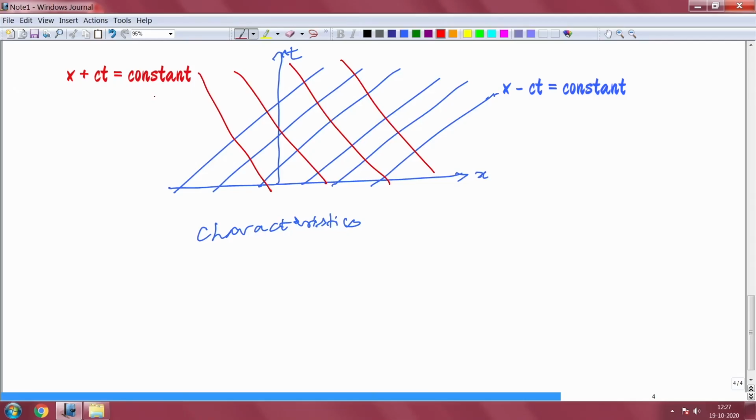The blue ones have slope, remember we are drawing the x axis horizontal and t vertical, so the slope is 1 by c, and the red ones have slope minus 1 by c.